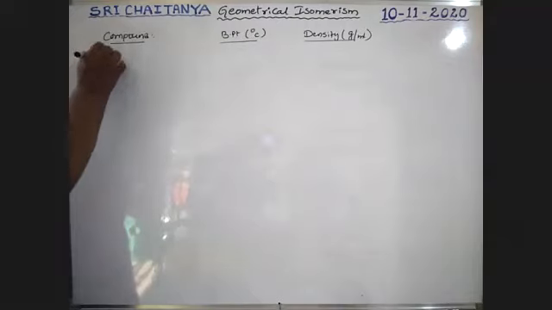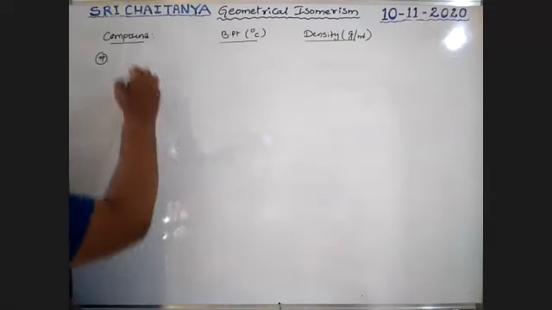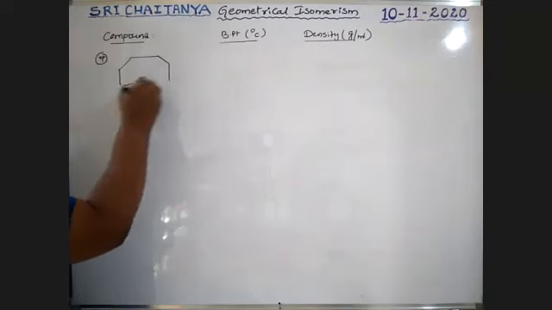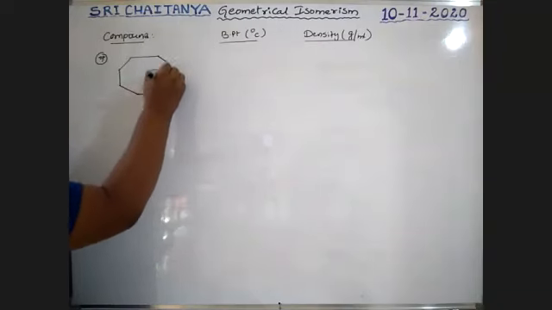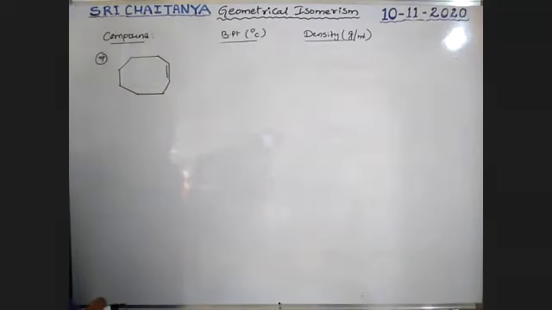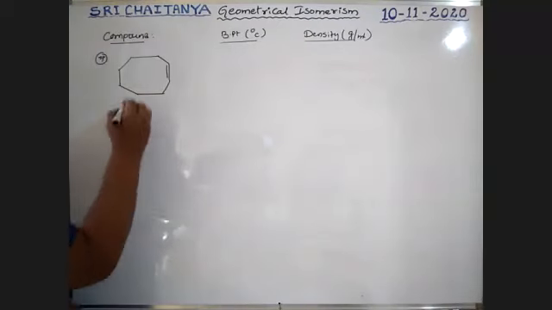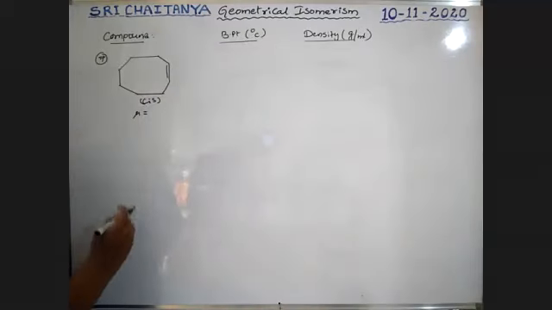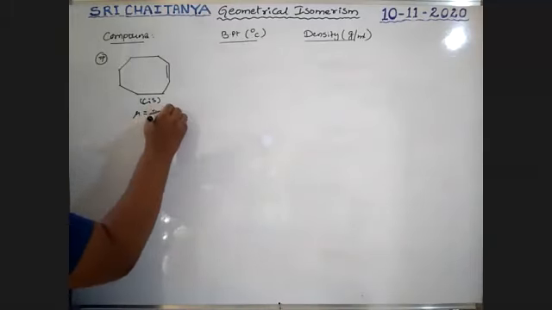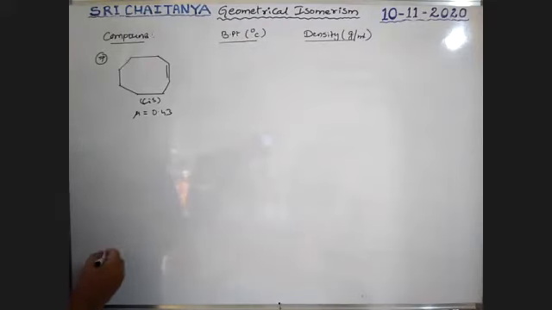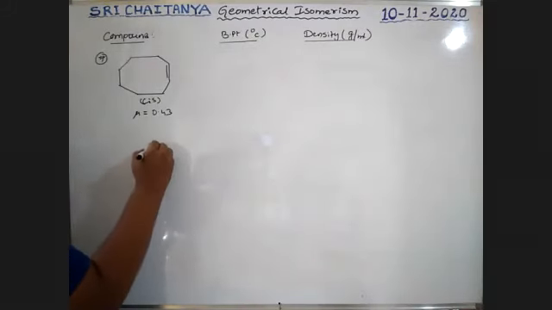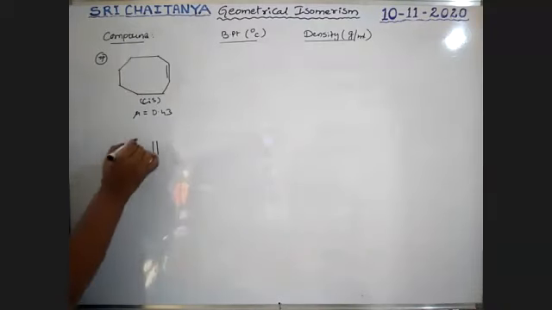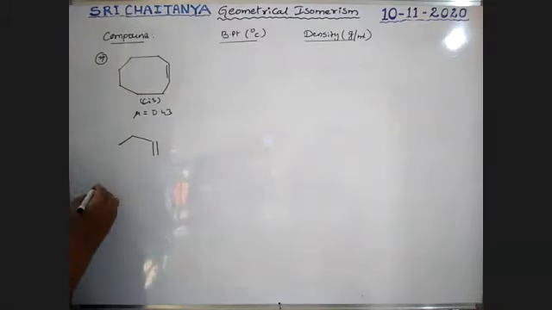Seventh compound, cyclic compounds. Let us take octene. So it is a cis compound, boys. Mu is equal to 0.43. Next, the trans compound. See, I am taking this double bond here. So twisting, boys. So that means it is like this.